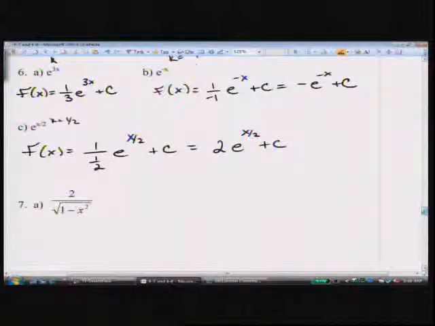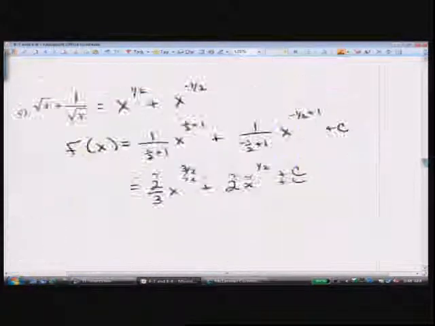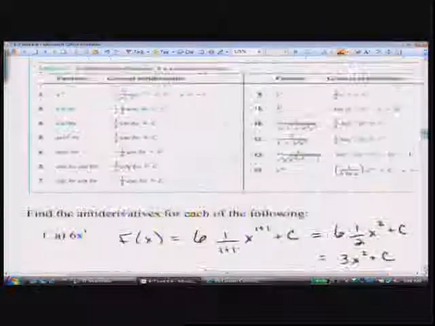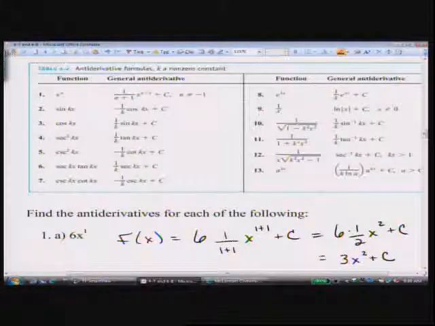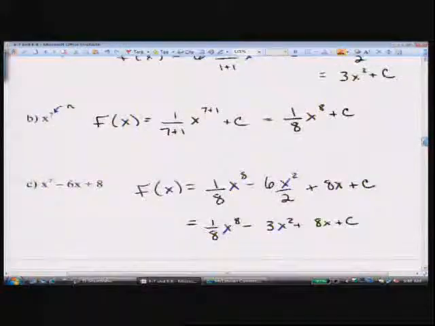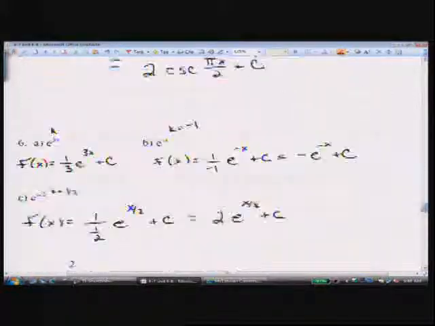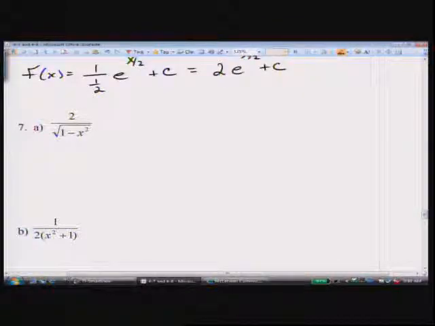Uh-oh. That one looks scary. So probably there's a formula. I think it's an inverse sine. Let's look. Yes. 1 over the square root of 1 minus k squared x squared has antiderivative 1 over k inverse sine kx plus c. I'm going to go ahead and write that one down.